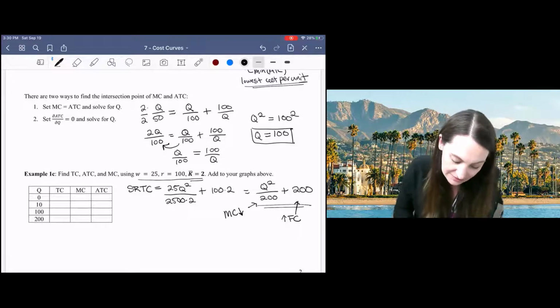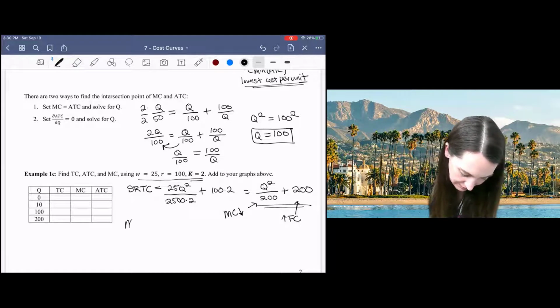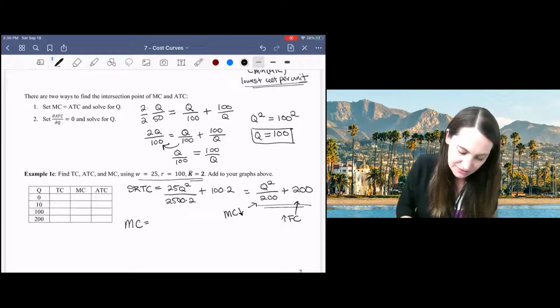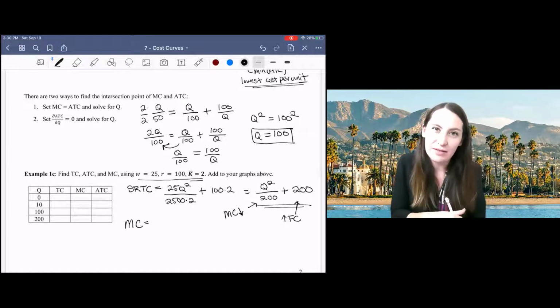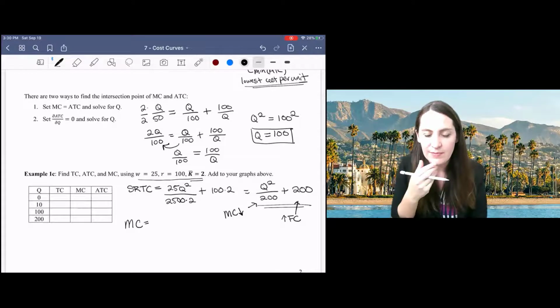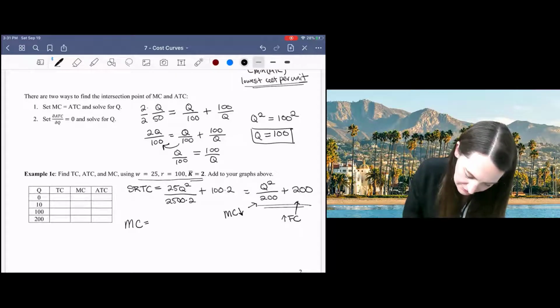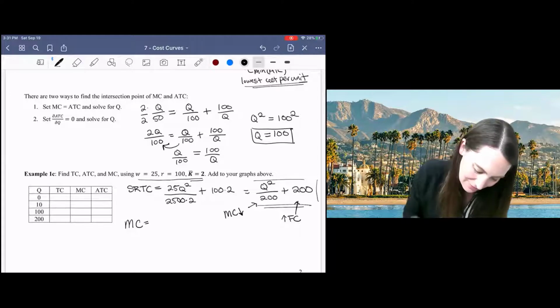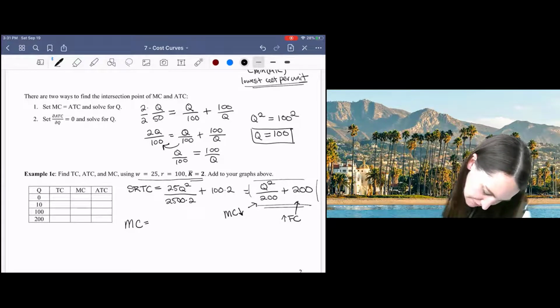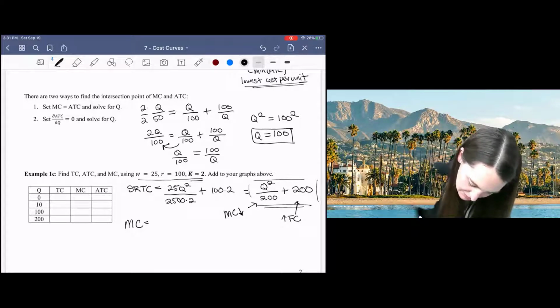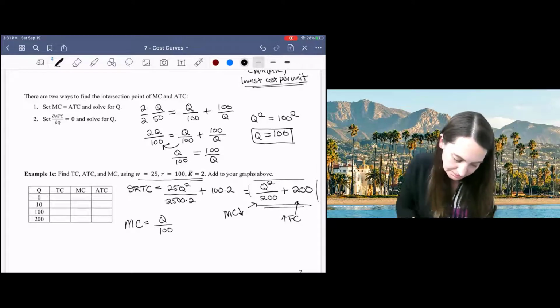All right, and we'll be able to see that if we write out our marginal cost equation. So again, you could plug the numbers into those master equations, but I think it's simpler just to take the derivative here of our new, very much simpler total cost function. So that's going to be 2 times Q over 200, which is Q over 100.